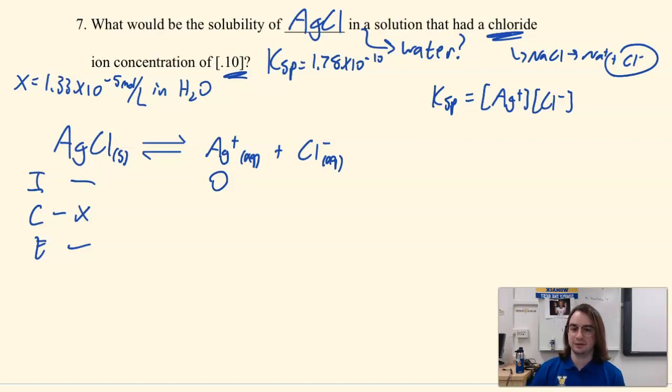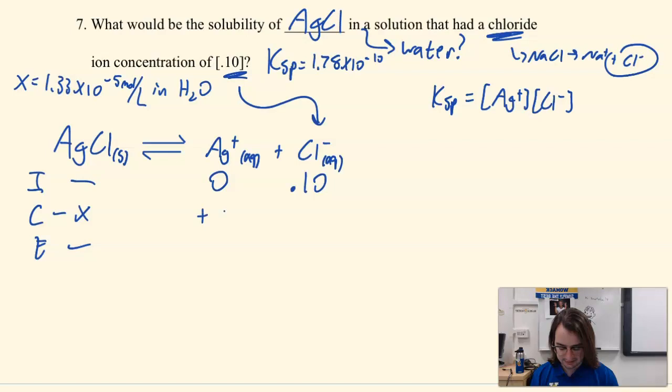Before we didn't have any chlorine present because it was water, but now we have this 0.10 from the ion concentration. It's already in solution. We dissolved it previously, and now we're trying to dissolve something in there again. So now it's a little different.